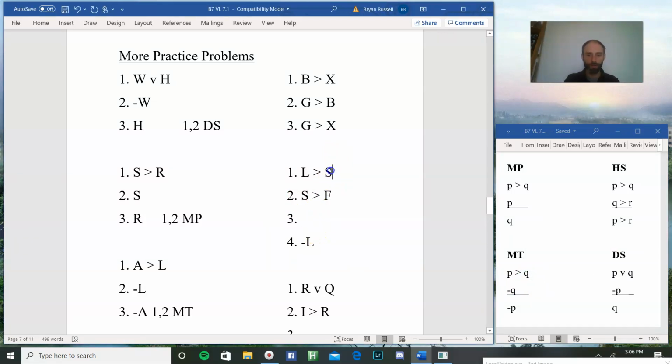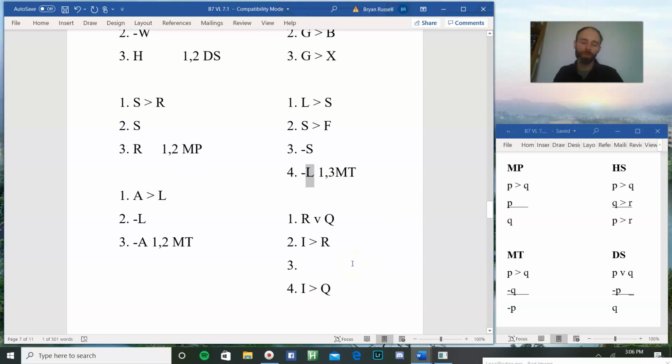The negation of this, the negation of S. And that is just tilde S. And how did we get that? We did 1, 3, MT. We had a horseshoe, we had the negation of the consequent, so we could get the negation of the antecedent, tilde L.